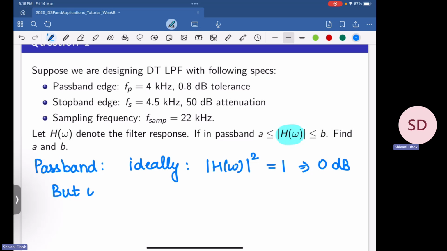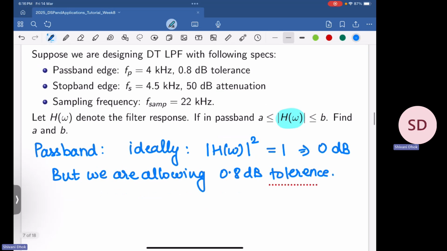But we are allowing 0.8 dB tolerance, which means that 20 log magnitude of H of omega squared can lie between 0.8 dB and minus 0.8 dB.